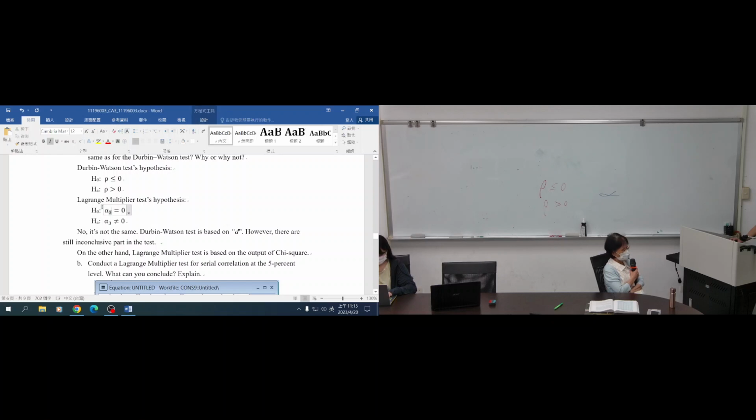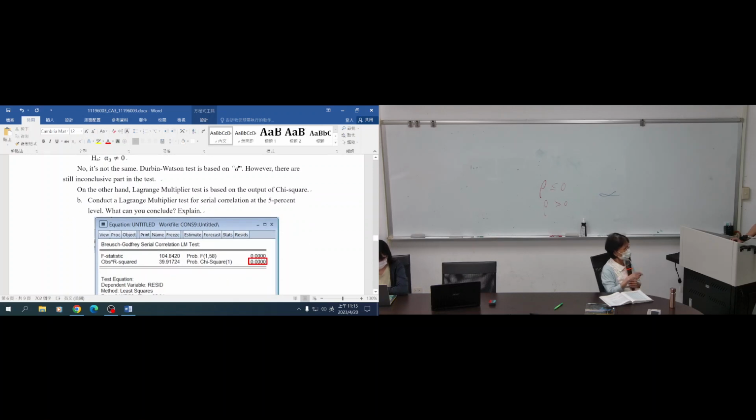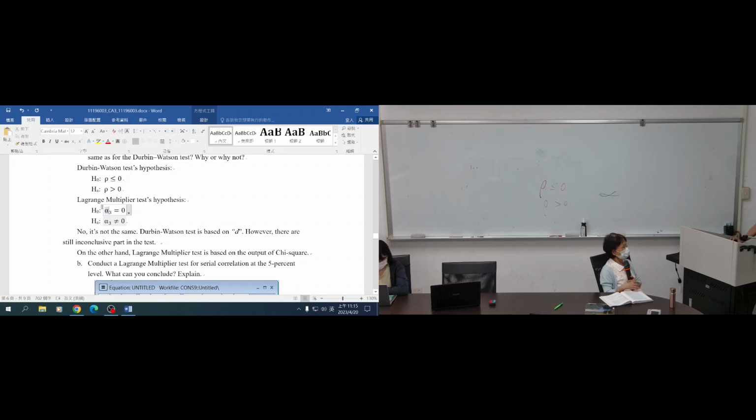Alpha 3, and do not use just alpha. If you say alpha 1, alpha 2, maybe it's okay, but if I were you, I would never use alpha to stand for anything else. Actually, we're using beta as our coefficients. So here we are looking at whether there is any serial correlation.